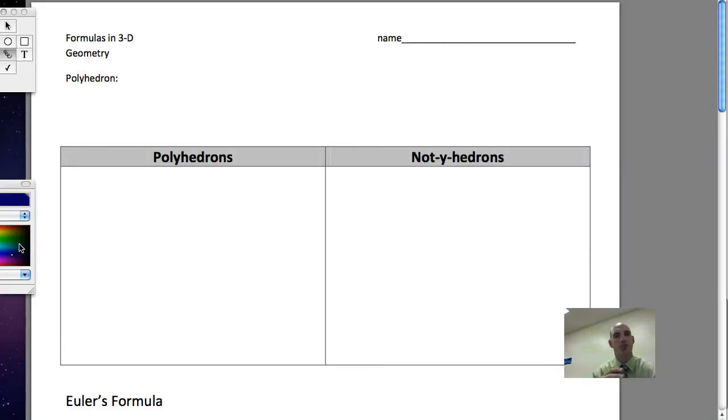Welcome back. Today we're going to talk about formulas in 3 dimensions. And what we need to understand about formulas in 3 dimensions is that we're dealing with polyhedrons.